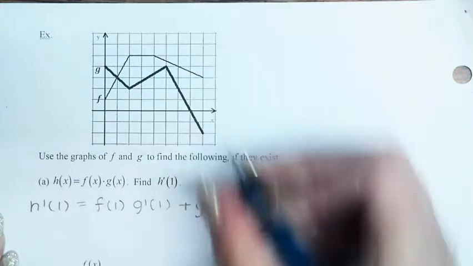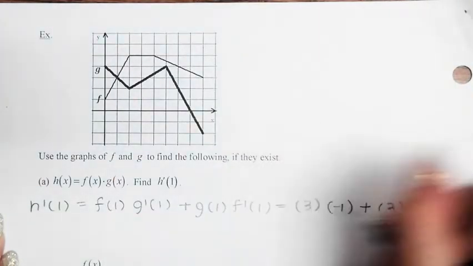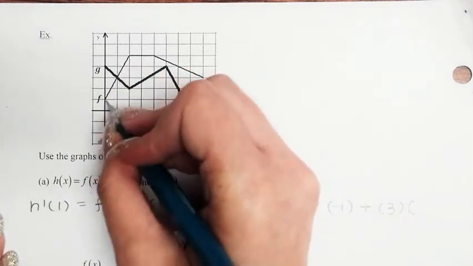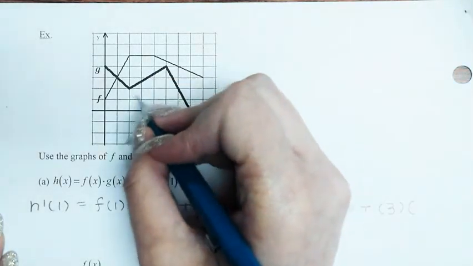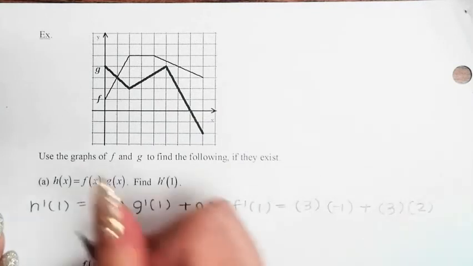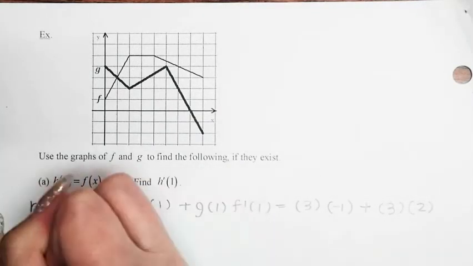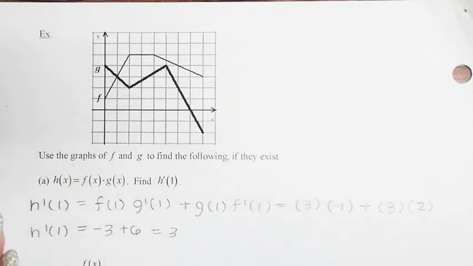Plus g of 1, which is 3. And then f prime of 1, which is the slope of f at 1, which we know is 4 divided by 2, that's 2. Then you combine it, and it's going to be negative 3 plus 6, which is equal to 3.